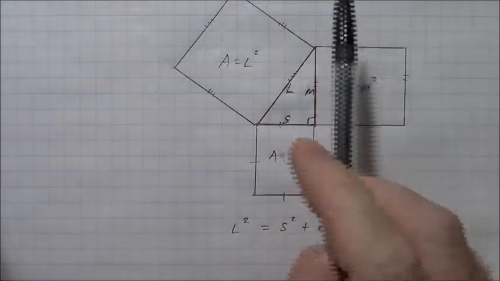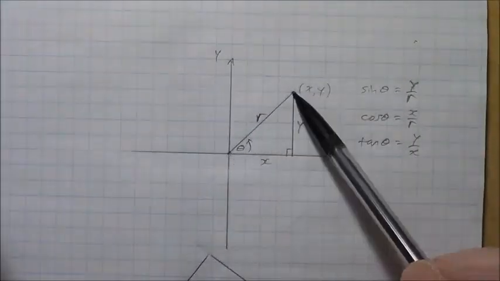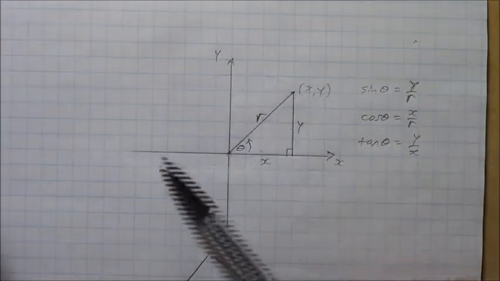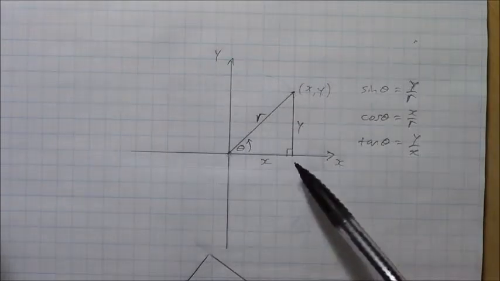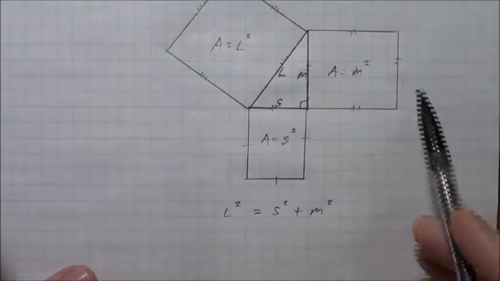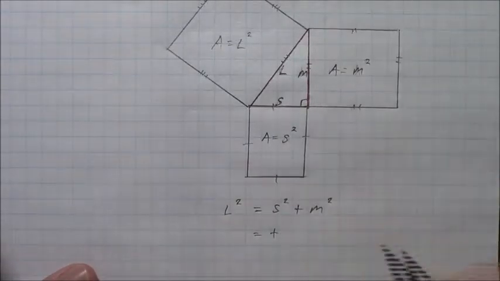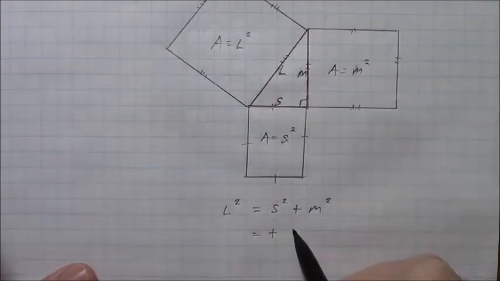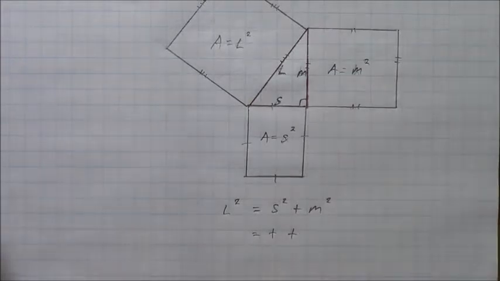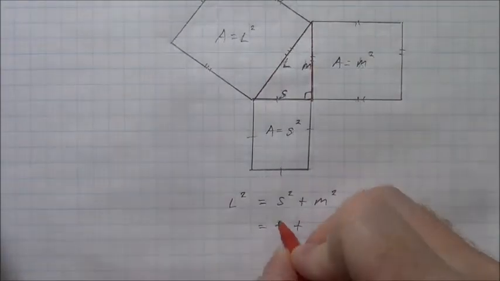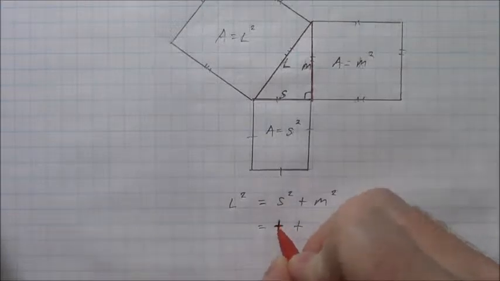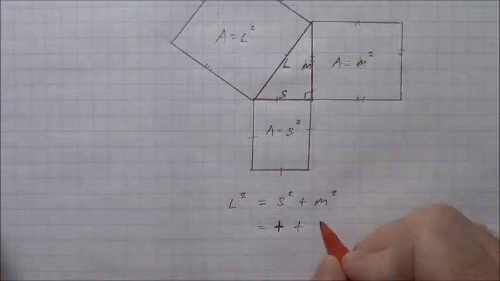no matter where this terminal arm is, and we're going to look at it in the other three quadrants as well, when we square a number, we're going to get a positive number. And when we square a second number, it's also going to be positive.